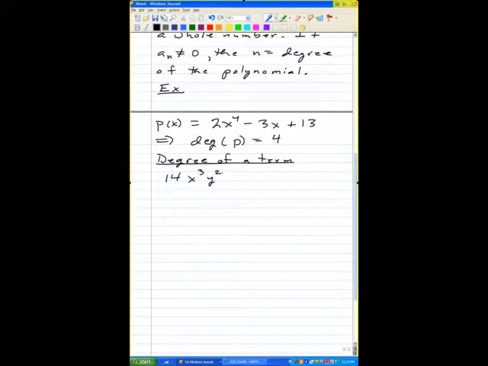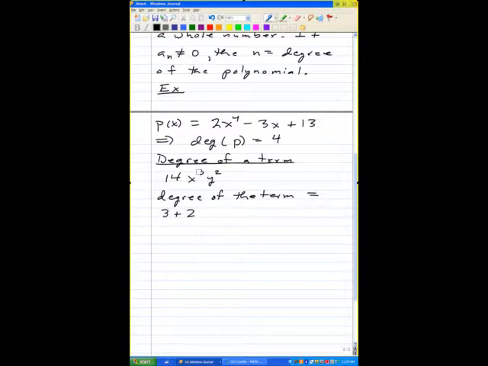Suppose I have more than one variable, then the degree of this term is just the sum of all the exponents of all my variables.